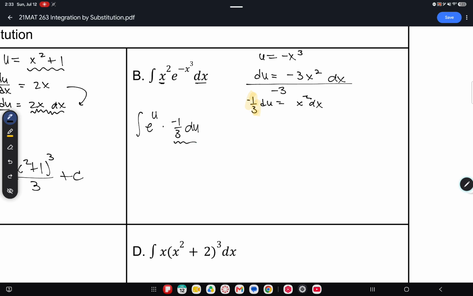So anything going forward, I will just automatically pull it out in front of the integral. So it's negative 1/3, and then the integral of e to the u du. And that integral is just e to the u, and then plus c. But then I want to substitute back in the original variables. So negative 1/3 e to the negative x cubed plus c.